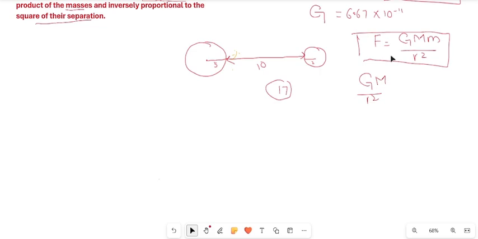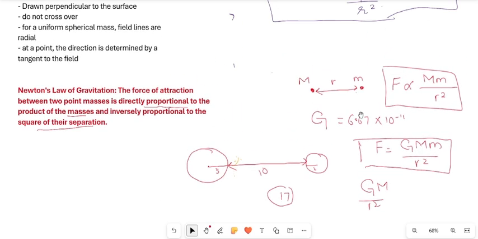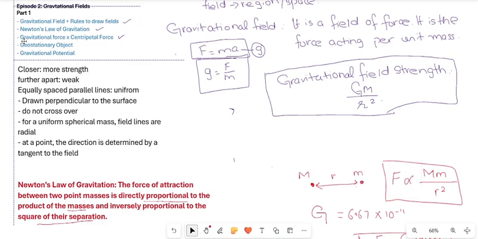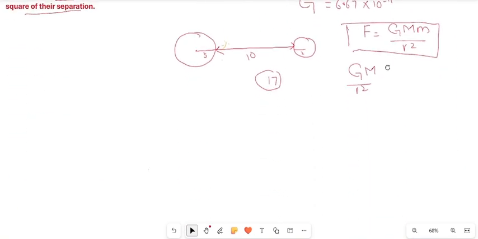Moving on towards our last part of this video, and that is gravitational force versus centripetal force. So we just completed our centripetal force chapter, and we have to see how gravitational force is related to centripetal force.